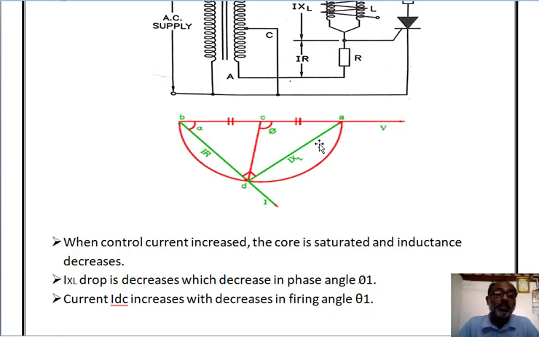Due to this reduction of inductance L, the inductive reactance XL changes, so the I XL drop also decreases, which decreases the phase angle phi 1. So the current IDC increases with decreasing firing angle phi.